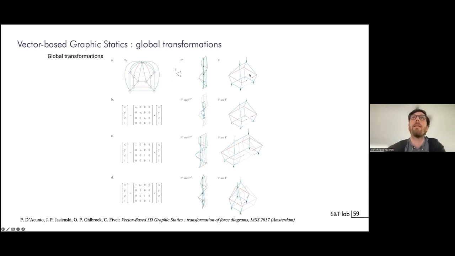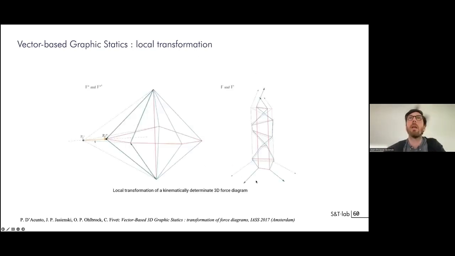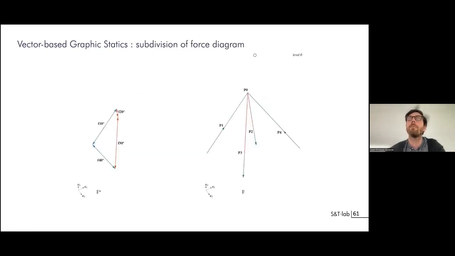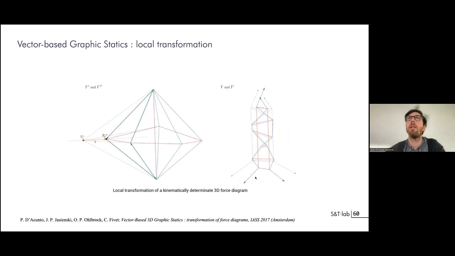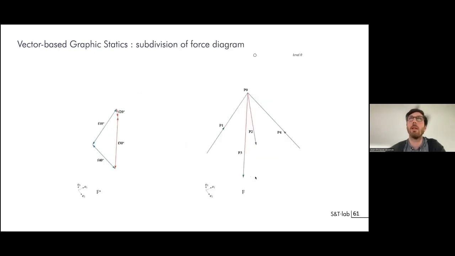And so this is one family of transformations that you can do, which are global transformations, such as scaling in 1, 2, 3 directions, skewing elements, okay? But you can also do local transformation. So you take one node, you modify it, and then the force diagram will be affected, okay? So these are the two families of transformations that you can do.